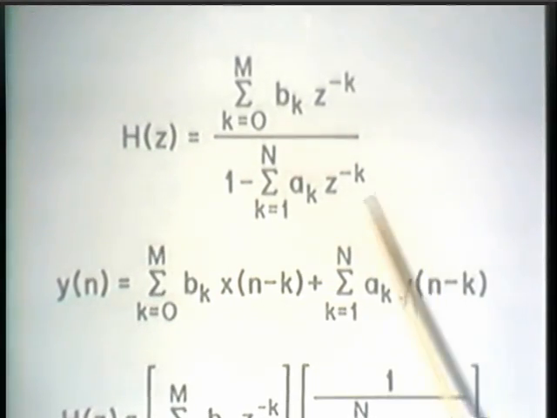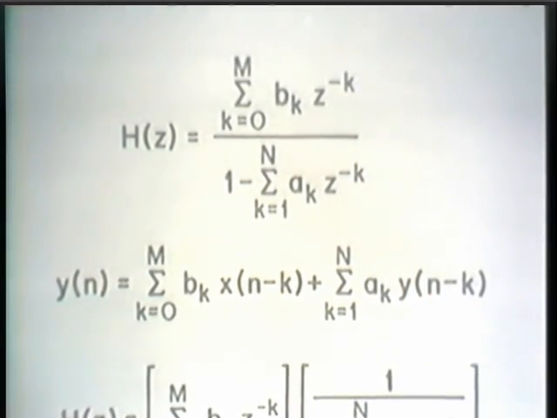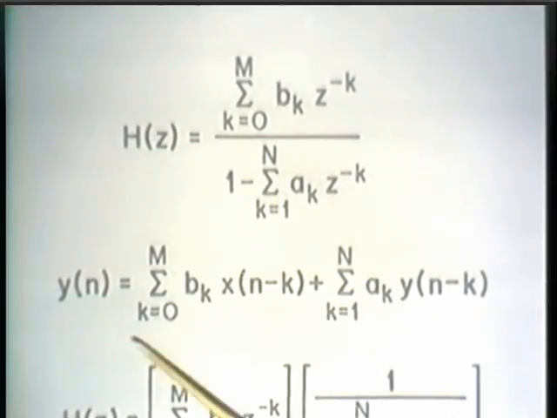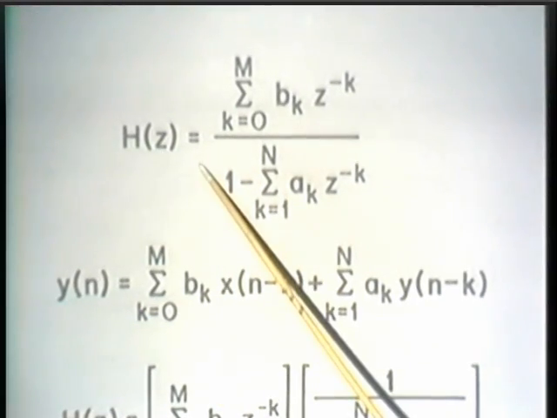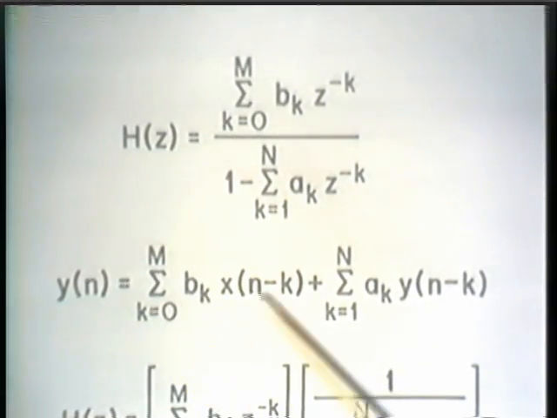So this is the general form of a transfer function, assuming that the system is representable by a linear constant coefficient difference equation, and the difference equation corresponding to this transfer function is as I've indicated here.